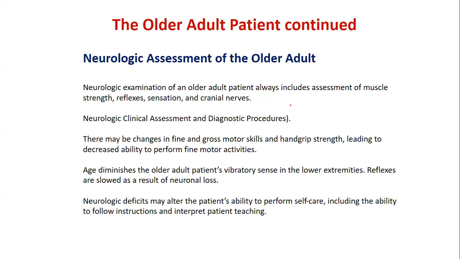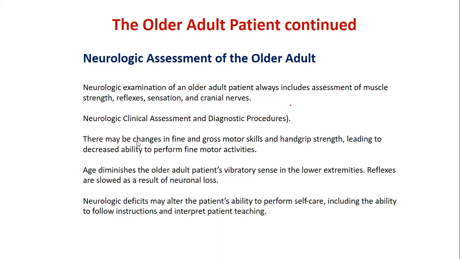It is also important to know whether the aging patient has some cognitive impairment. So clinical evaluation is super important to evaluate neurological disorder, particularly in the elderly patient, right? So neurological clinical assessment and diagnostic procedures we have to include when we go for assessment.